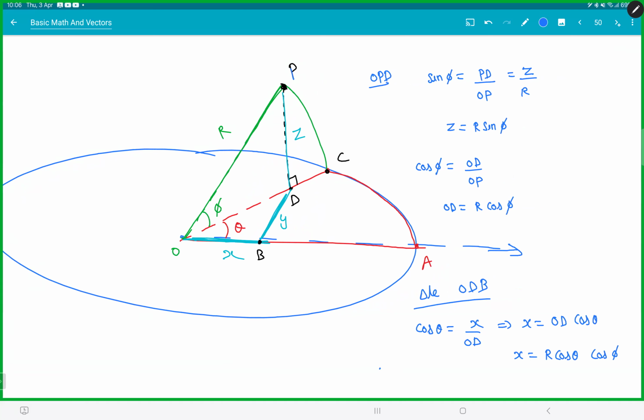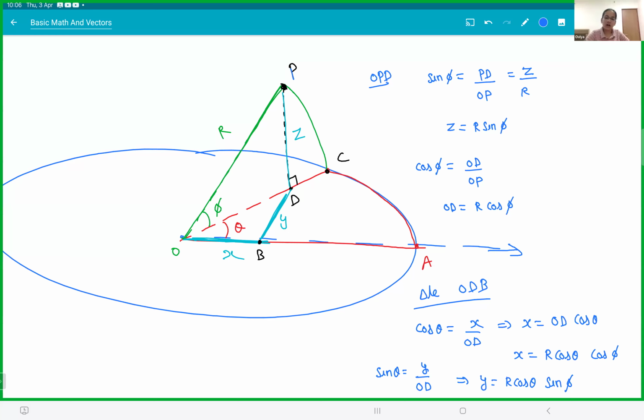Similarly, sin theta will be y by OD. So the y coordinate will be R cos theta sin phi. All I did is simply two right angle triangles. The main headache is visualizing how to do it in 3 dimensions. Are you able to visualize this now?